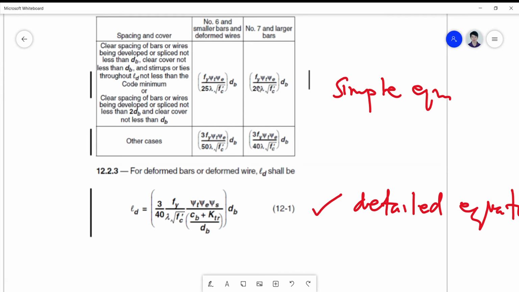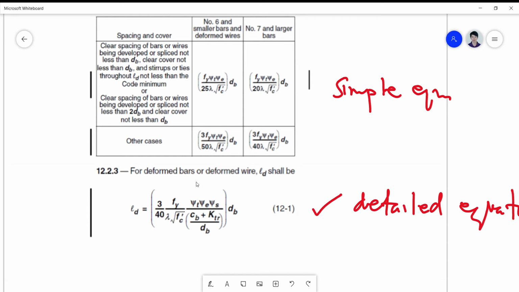So the formula was actually made into a more compact form, and also since the spacing and covering are specified, the value of your Cb plus Ktr over db, which is present in 12.2.3, was actually deleted or removed in section 12.2.2.